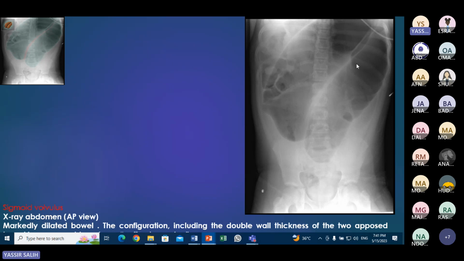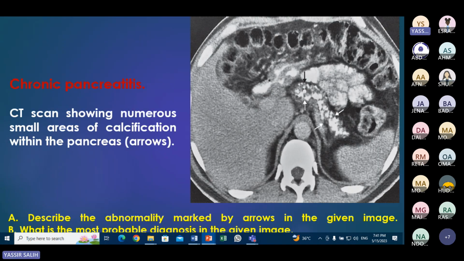It is quite clear to you, like a coffee bean: the central area, and the other side is the left side and this is the right side. This looks like the coffee bean sign. What is the most likely diagnosis? Sigmoid volvulus. This is a CT with contrast.